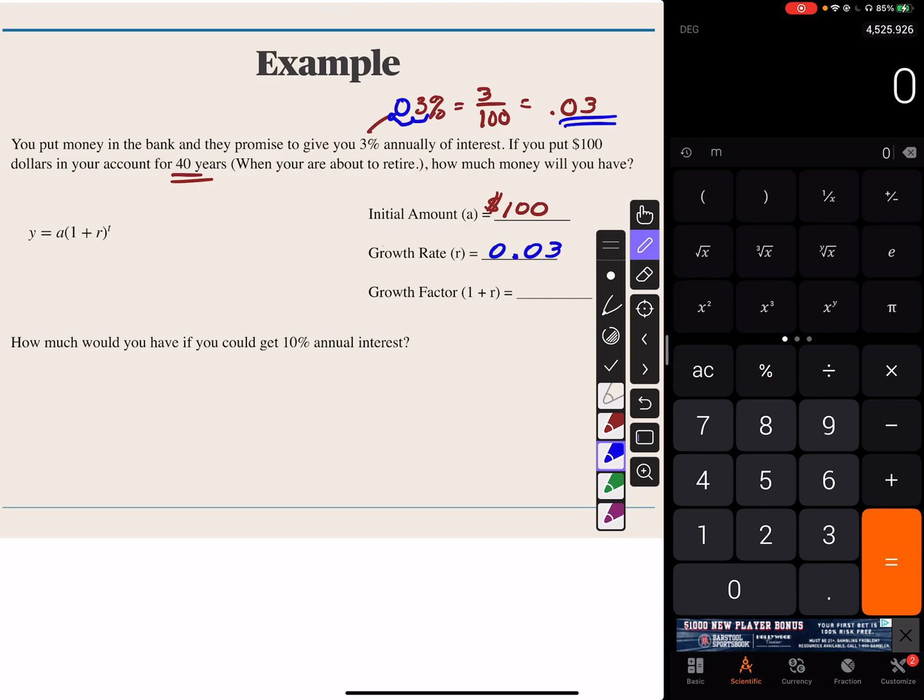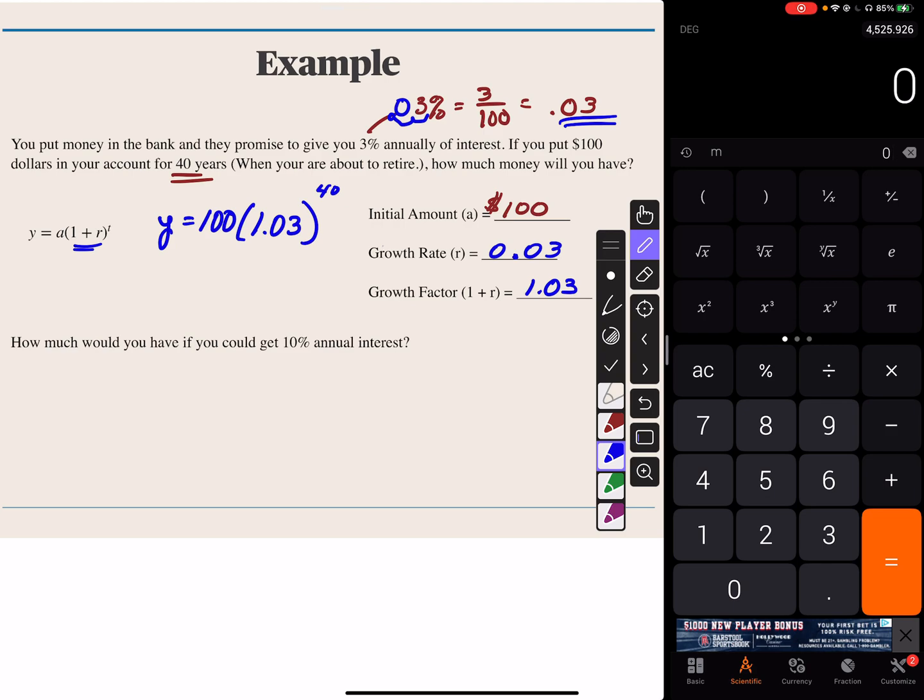And then the growth factor, the actual number we're going to end up putting into this, is 1 plus that growth rate, so 1.03. So our equation, y, the amount you're going to end up with, is $100 times 1.03 to the t power. We're going to do this for 40 years.